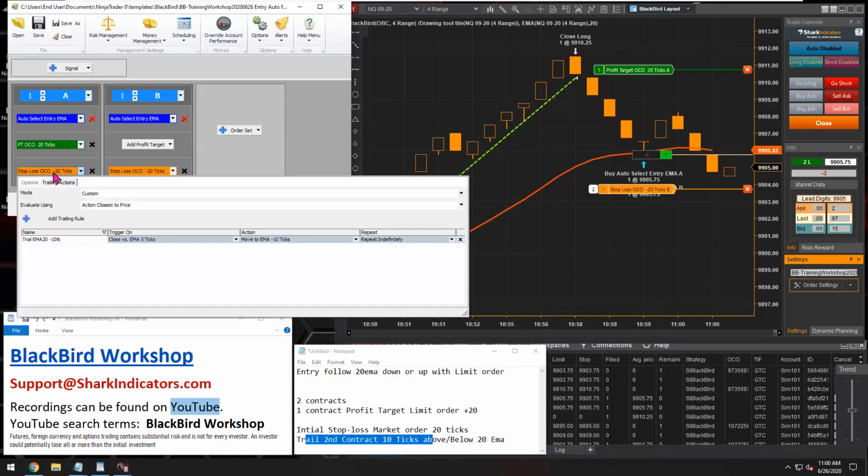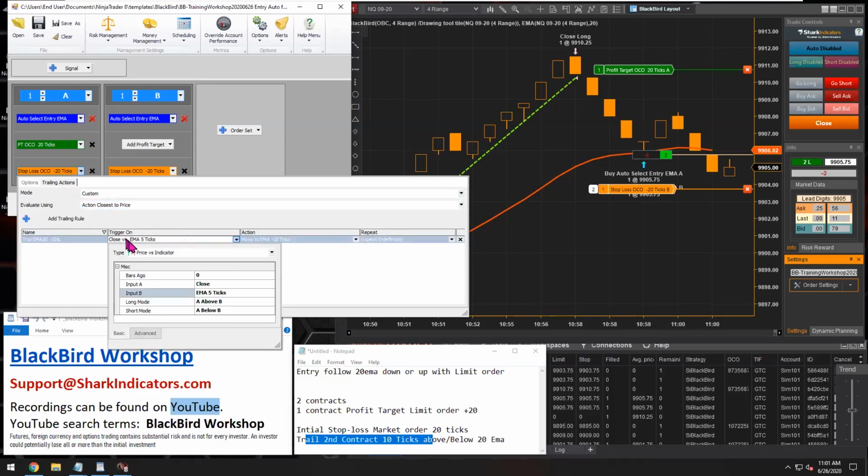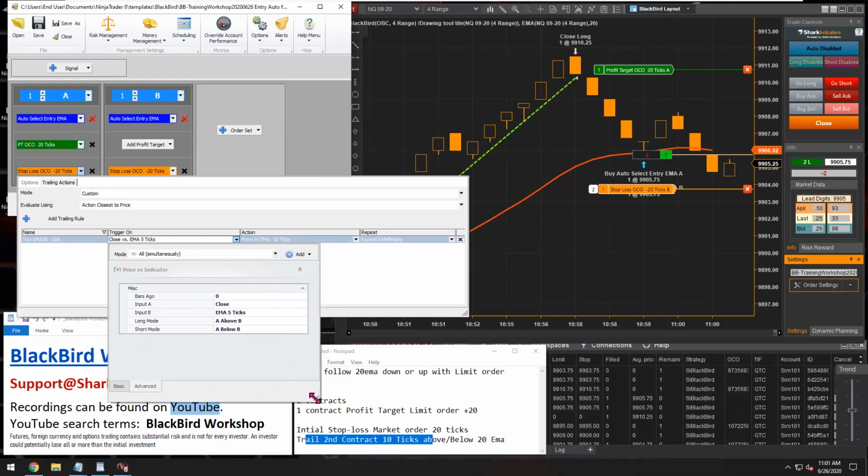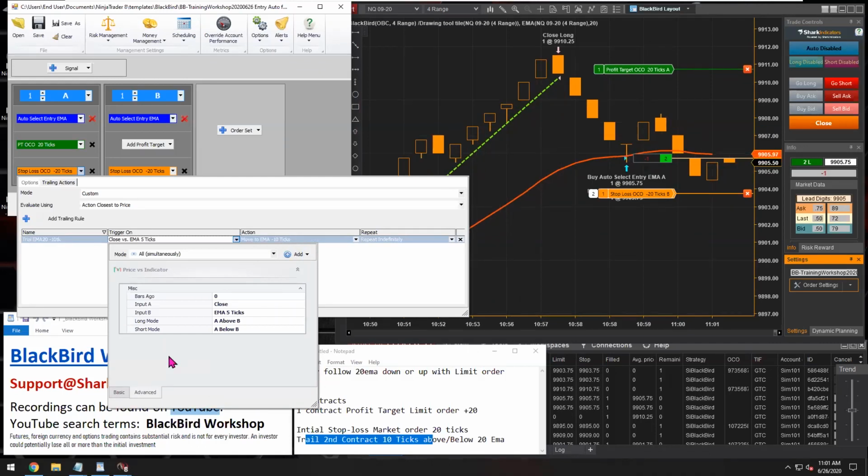If you wanted to add that as a requirement as well, then that would be another trigger condition. So what we could do is go to the Advanced tab, because now we have two conditions to look for. If you wanted the trailing to wait for at least 10 ticks of profit, then we would have two trigger conditions.